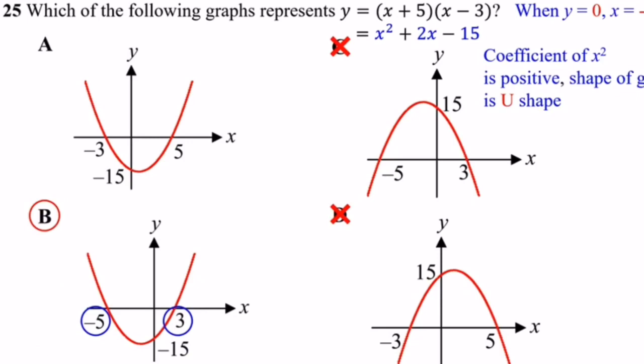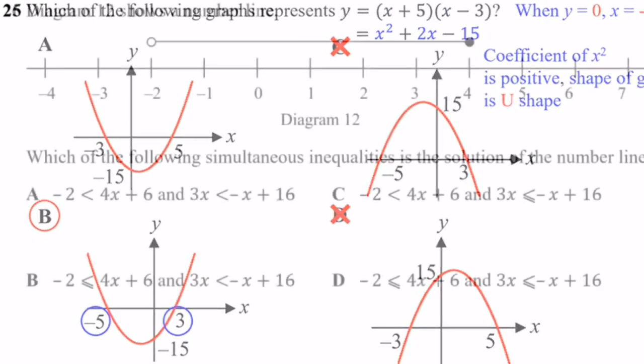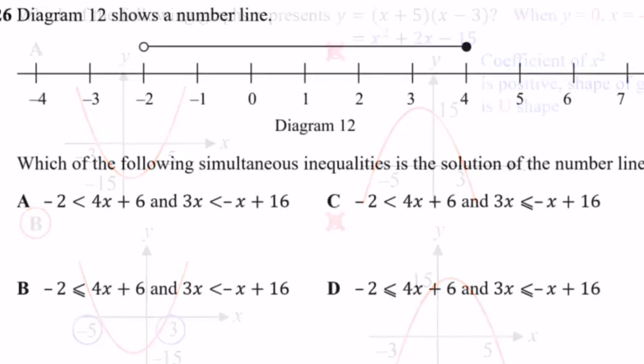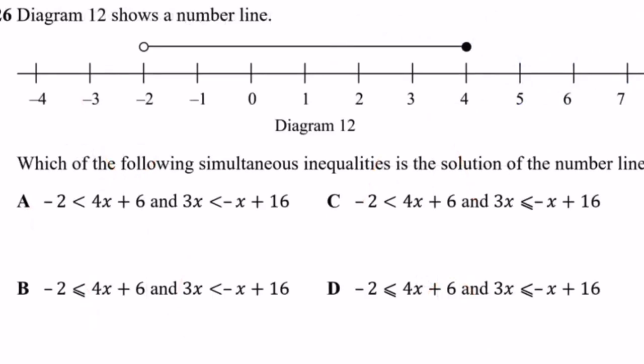Now we will proceed to question 26. Diagram 12 shows a number line. Which of the following simultaneous inequalities is the solution of the number line?